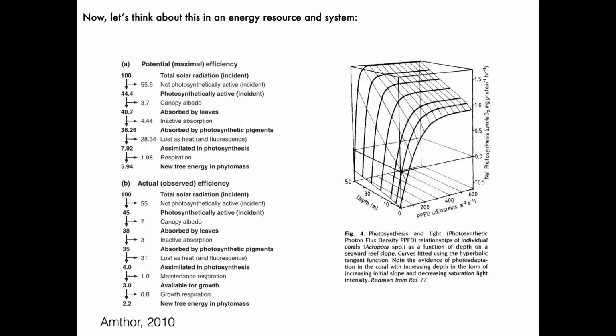And so if we go ahead and look at the accounting of this, this initial loss of more than 50% of incident solar energy comes from the band gap problem. Obviously chloroplasts have band gaps like solar cells. So we're either going to not absorb it in the first place because our albedo is too low, or we're going to lose it to the band gap. And then the other major source of loss is what's called non-photochemical quenching.